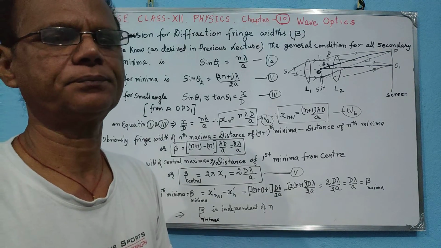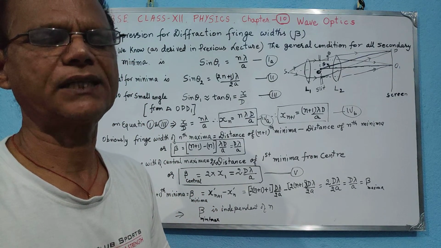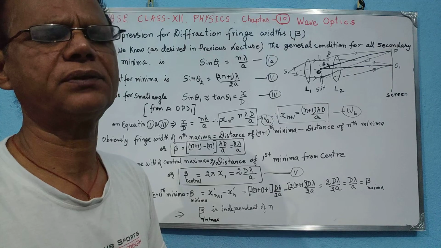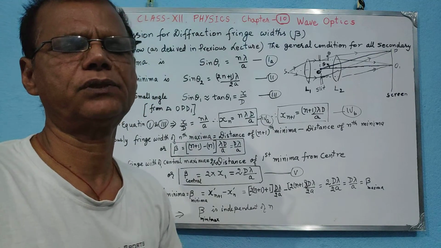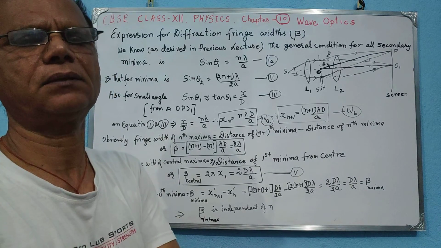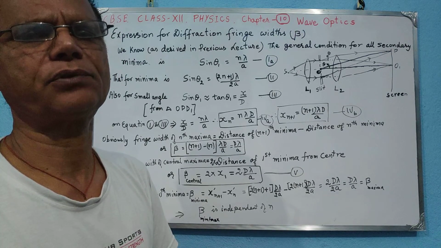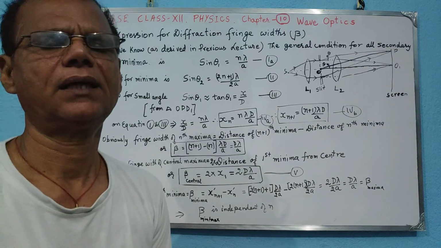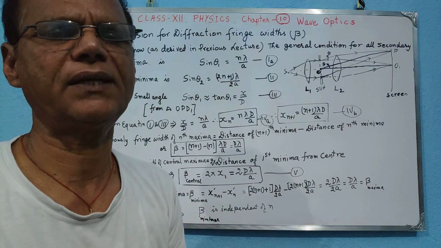And in case of the secondary maxima, we were having an odd number of parts with path difference lambda by 2, having opposite phase, and therefore except one, the rest all the parts were cancelling each other, and so the only uncancelled part was responsible for producing the bright fringe over there.